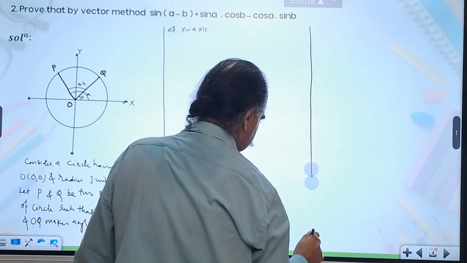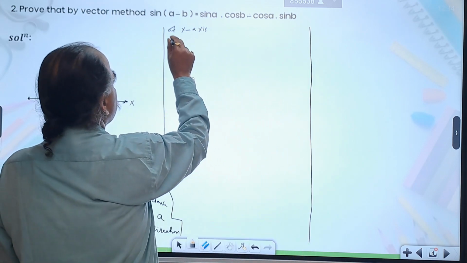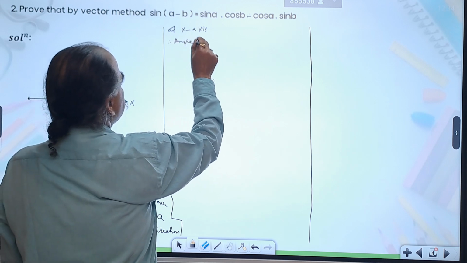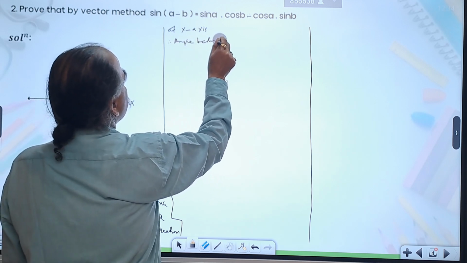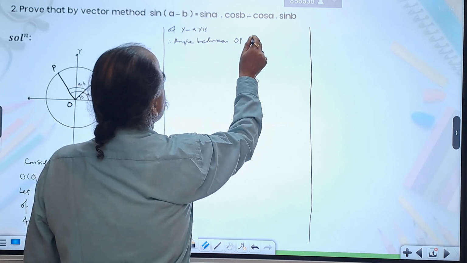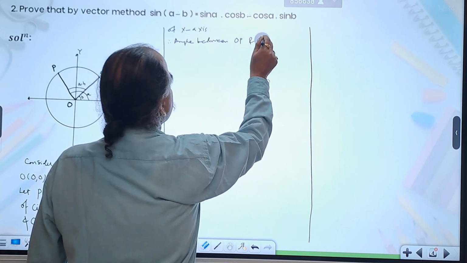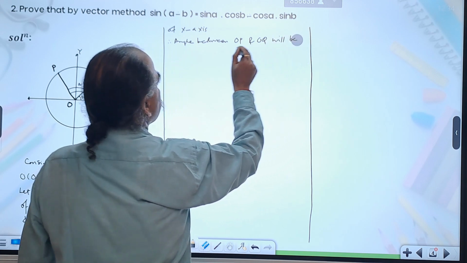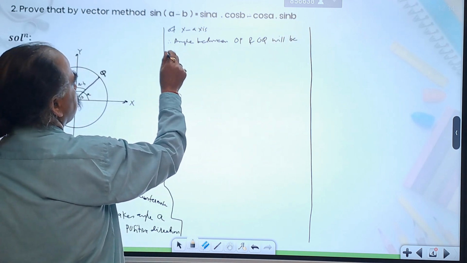Therefore, angle between OP and OQ will be A minus B.